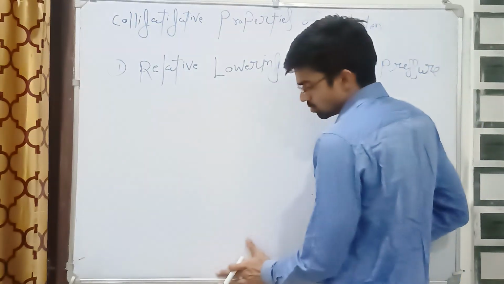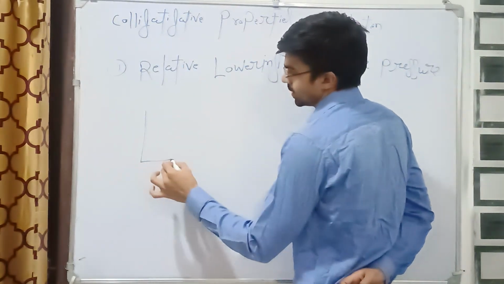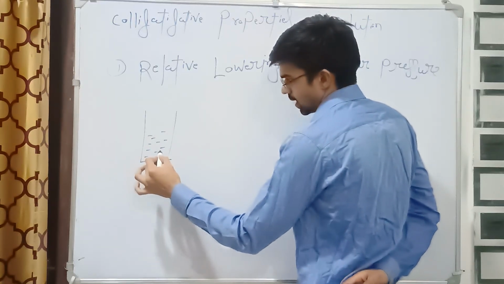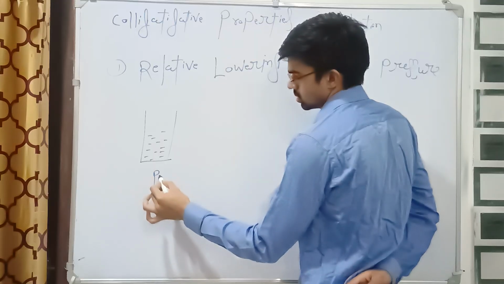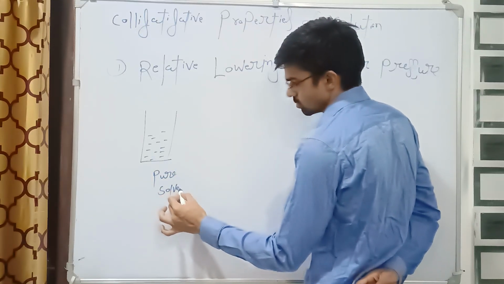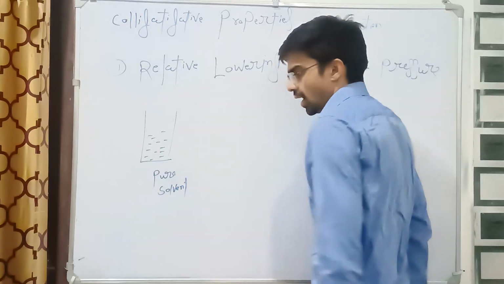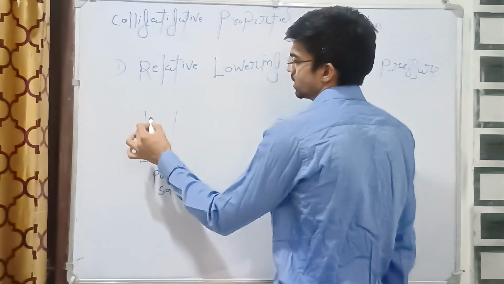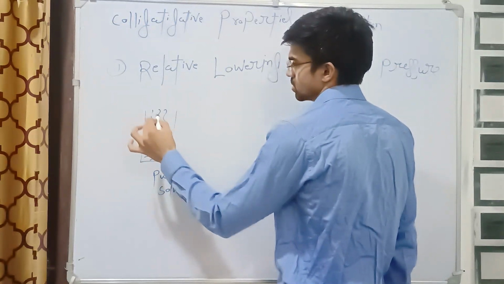See, when you took the pure solvent and you vaporize this pure solvent, let us consider that this is the pure solvent, that is water, and when we vaporize this pure solvent we will get the 100% vapors.